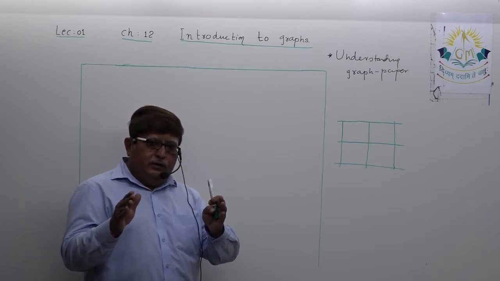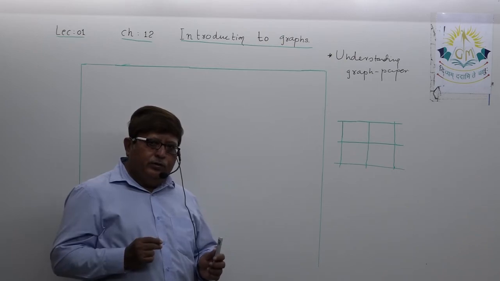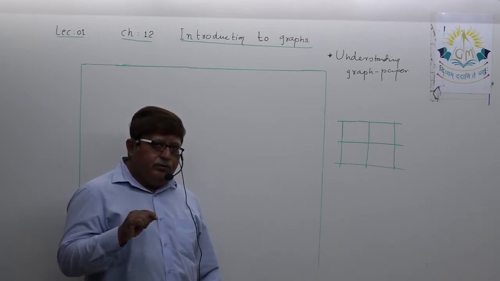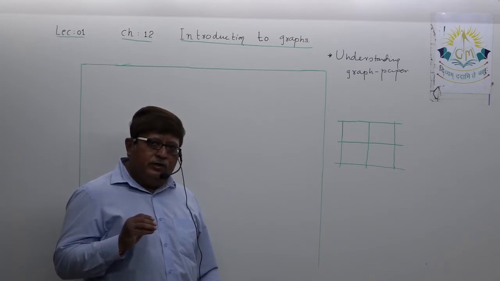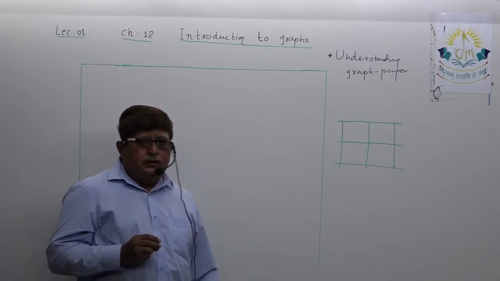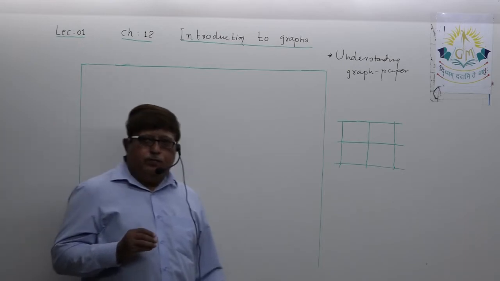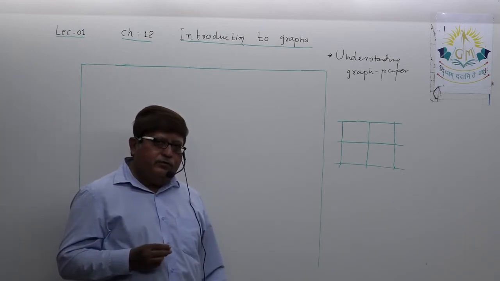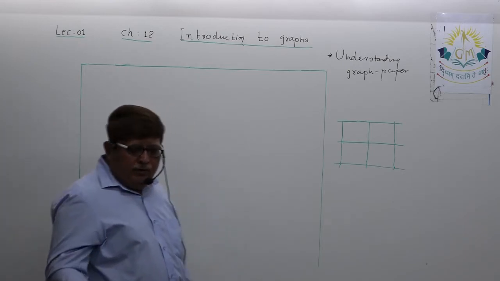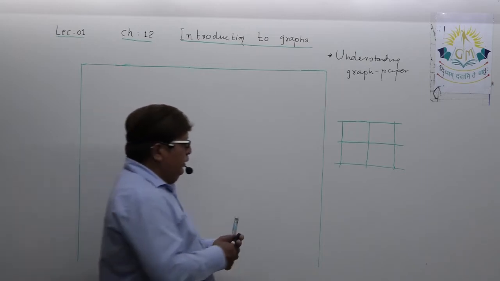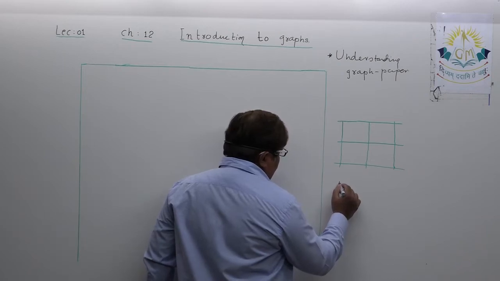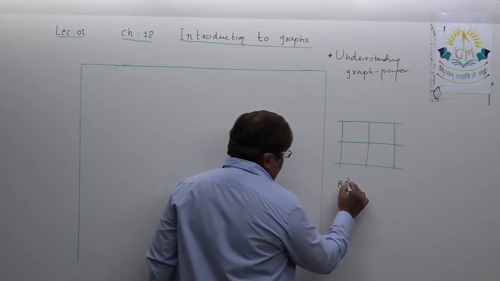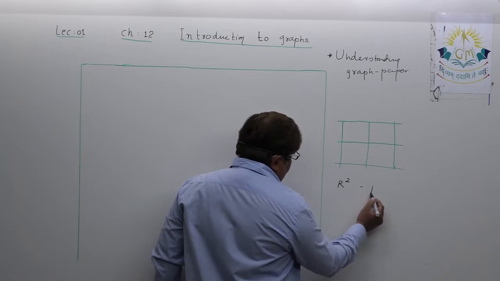Understand, the graph paper on which we are going to work is known by so many names. You can call it graph paper in common language. The same graph paper is also known as R2 plane. Why? That I will explain to you.